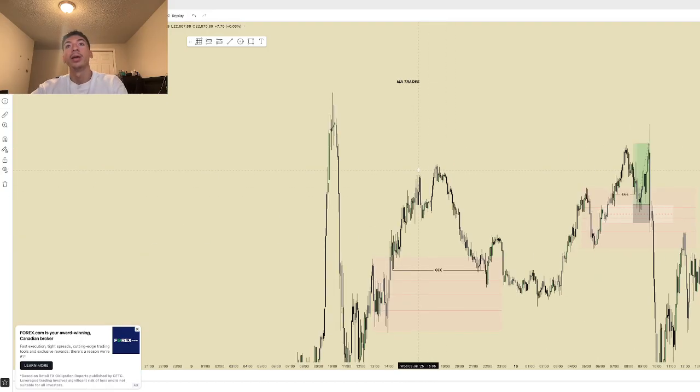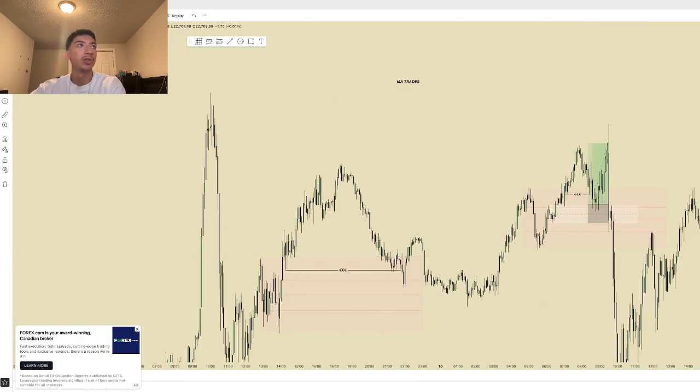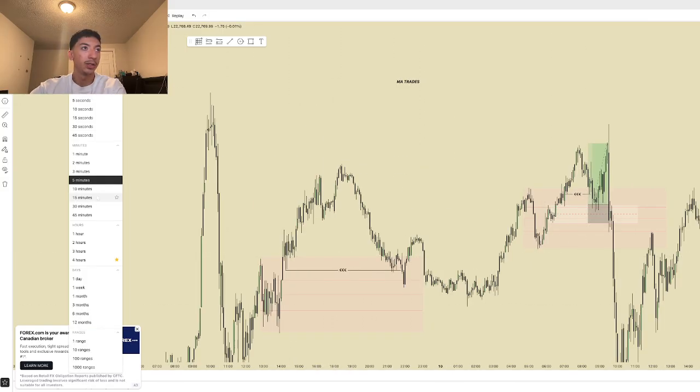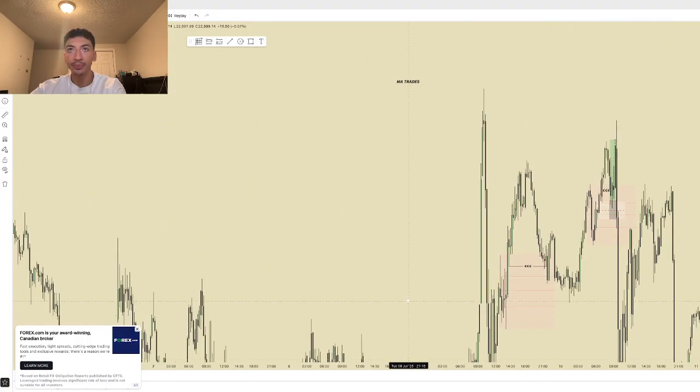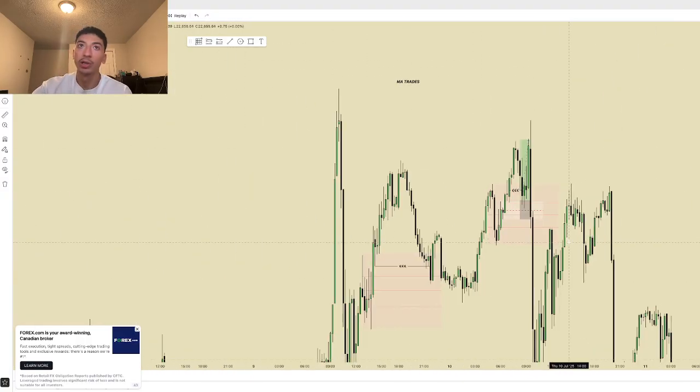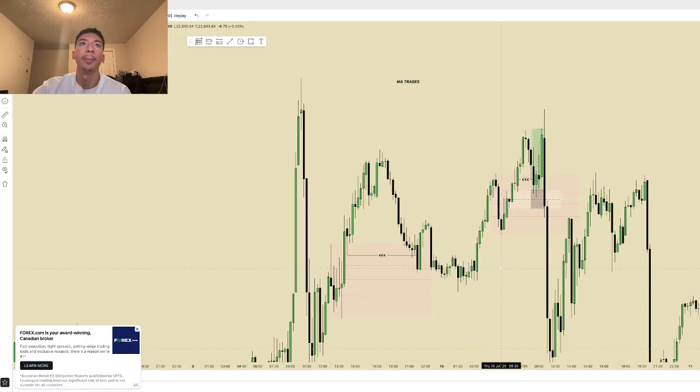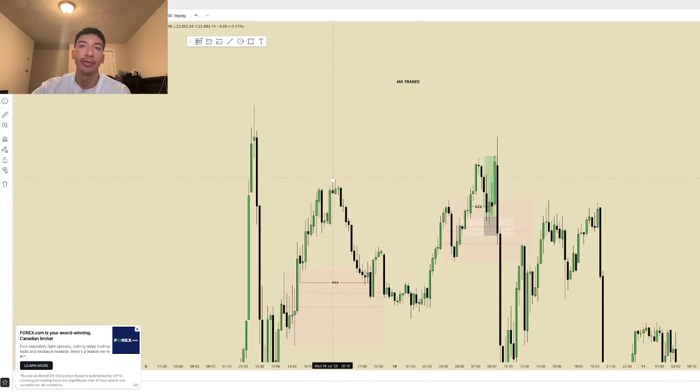Now, what I was going to say is I took this internal structure because, look, for anybody who trades this model, the first tap, as I've said, is always liquidity, and it pushes higher. So we broke structure here on the 15 minute, and I was waiting around. I caught it around here.